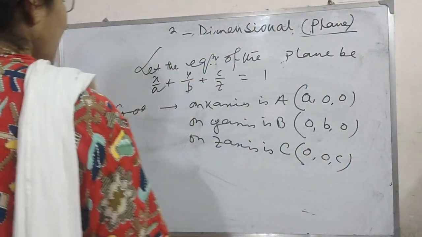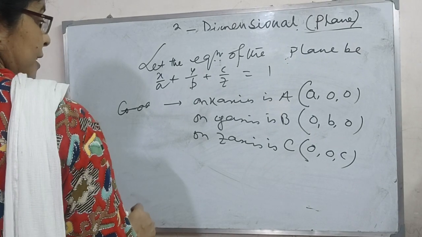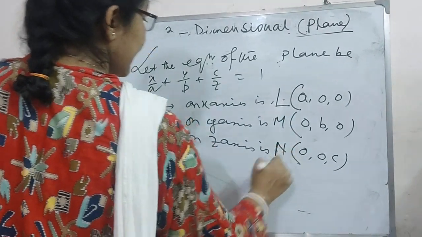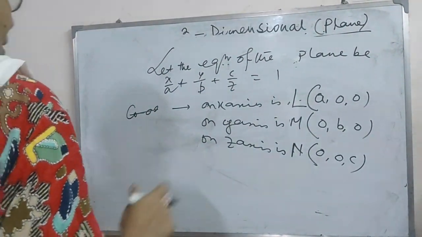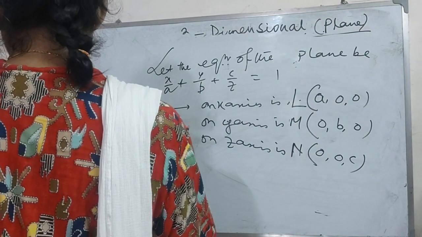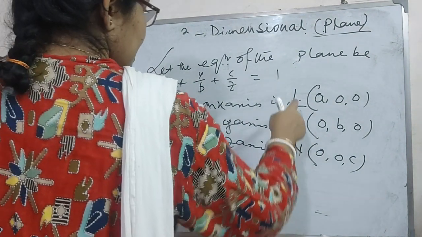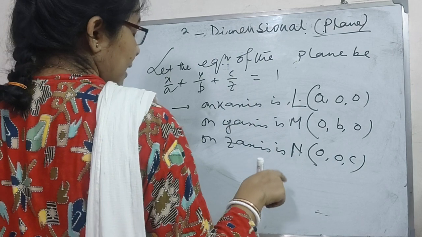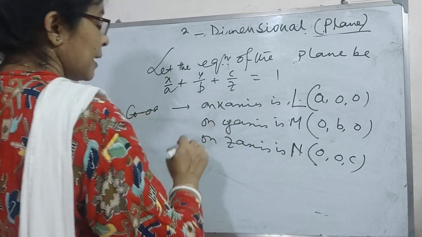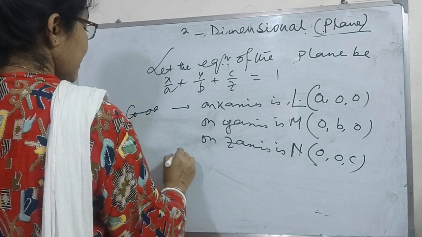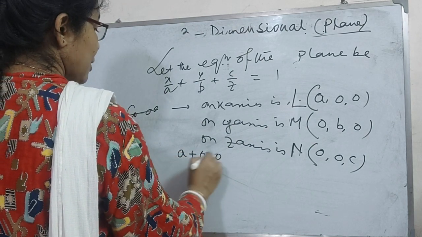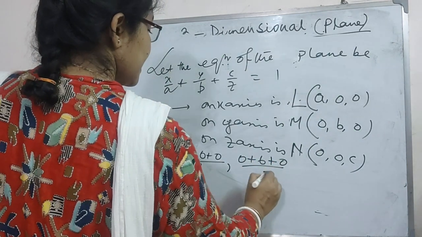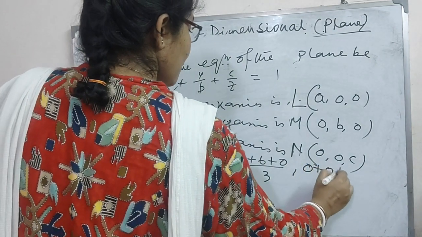So the coordinates of the centroid of the triangle LMN, with vertices L, M and N, are ((a + 0 + 0)/3, (0 + b + 0)/3, (0 + 0 + c)/3).